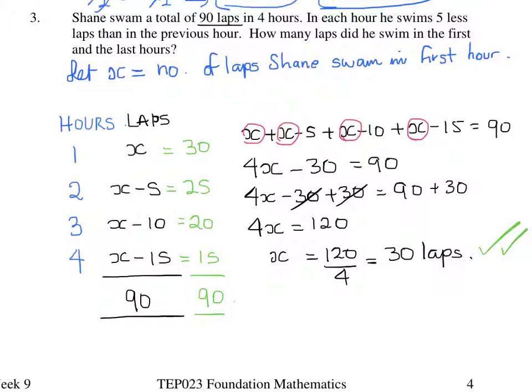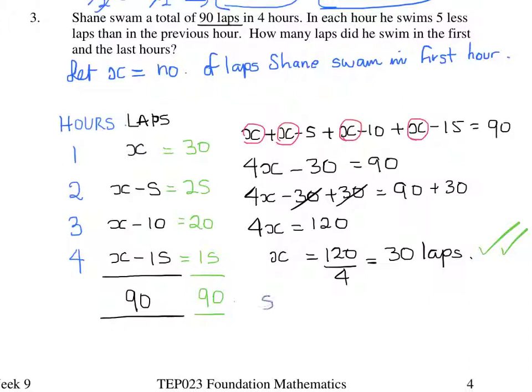Now be very careful with these questions, because you really need to go back and see what it's asking you. We've found x, the unknown, but the question says, how many laps did he swim in the first hour? Well, that was 30 laps. And how many in the last hour? Well, that was 15. So that means we need to write the answer in words, because the question was given to us in words.